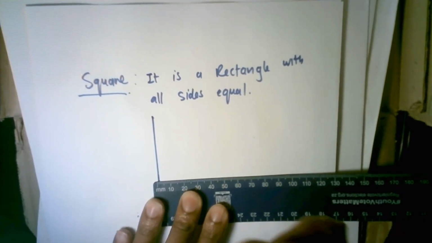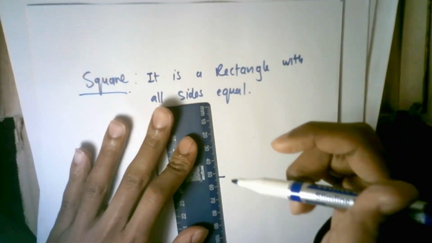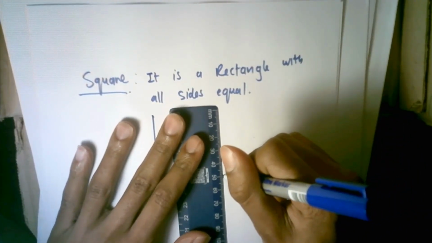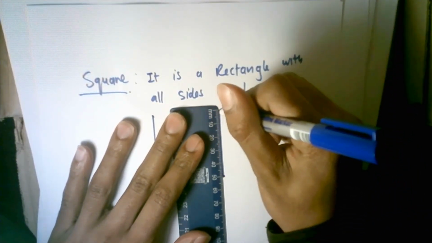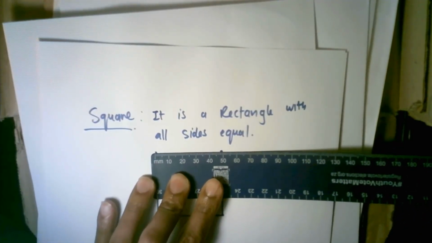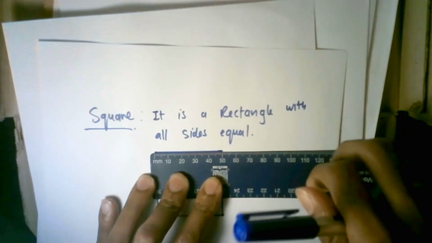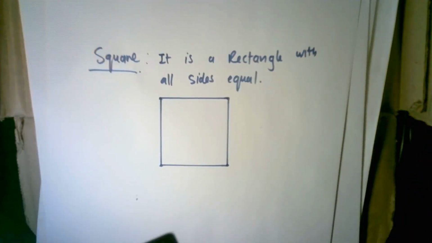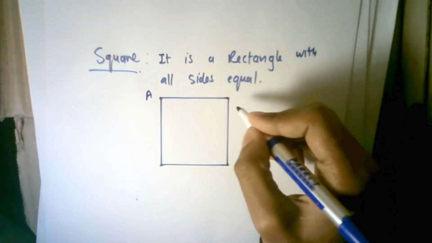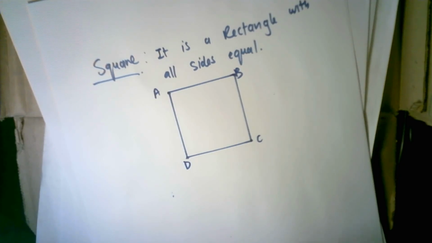Just a quick sketch of a square, as accurately as I can. Okay. So if I look at this square, let's call it square ABCD, something simple. Again, it meets all the properties of a rectangle. So basically, a square is also a parallelogram, but a parallelogram is not a square.